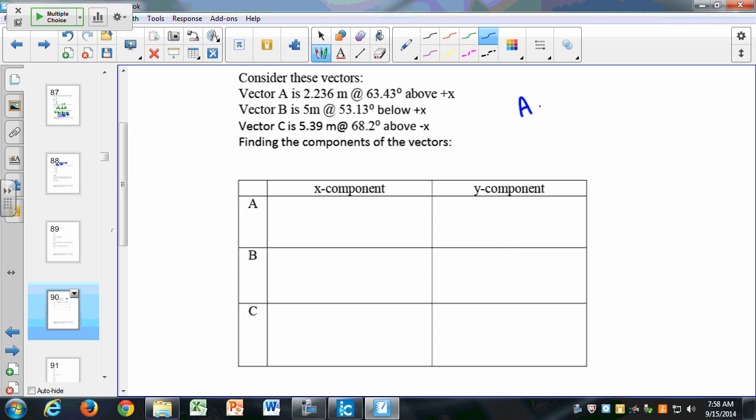Just to remind you, x component is a cosine of the angle. Y component is a sine of the angle.